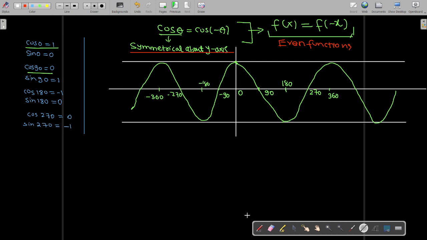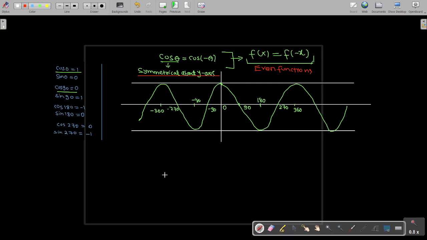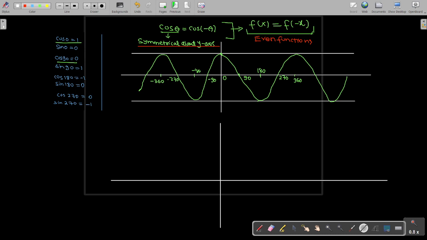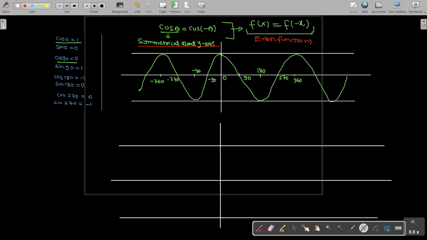Now let's draw the graph of sine. Sine of 0 equals 0.